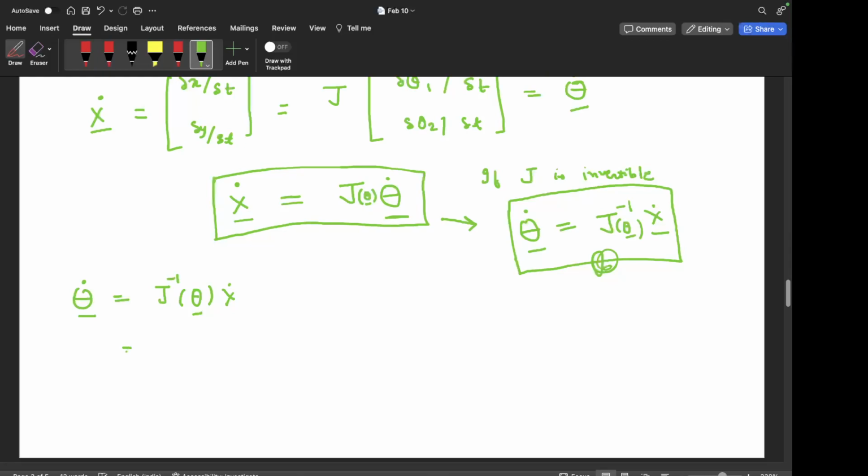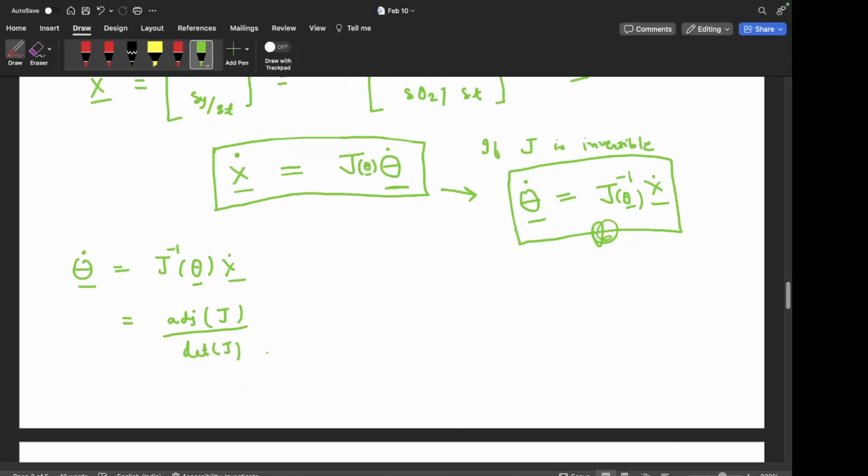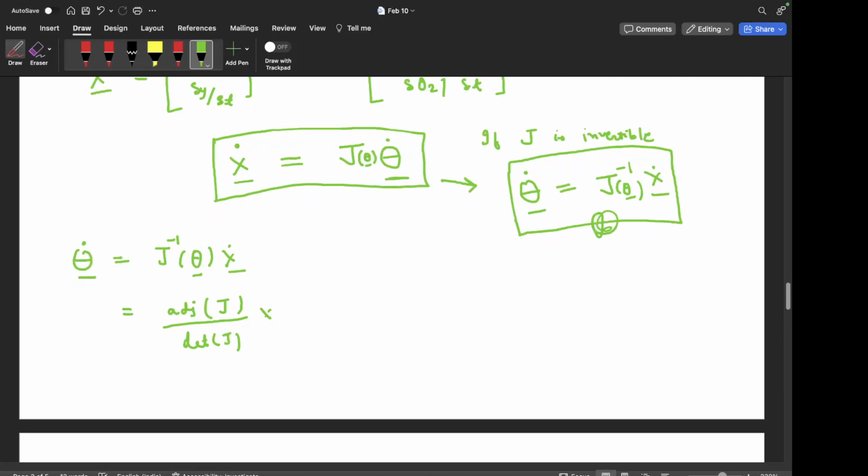Now, for a typical square matrix, the inverse of a matrix is the adjoint of that matrix divided by the determinant, right? This you would be familiar with. So now what you see is that the quantity appearing in the denominator is the determinant of J, right?